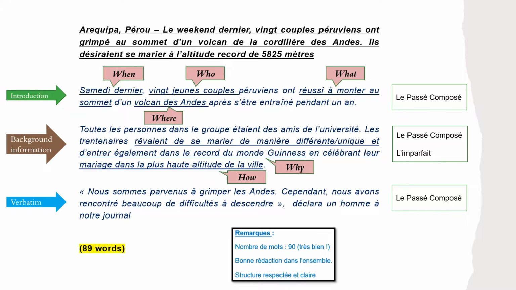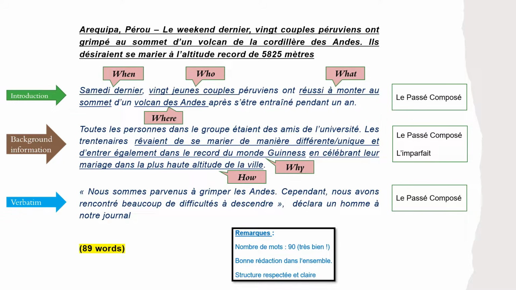Because all of them were friends from a university, and I'm saying Le Fontenac, basically I'm giving their age also, that they were in their 30s. They always dreamed of getting married in a different and unique way, and they also wanted to enter the world's Guinness record while celebrating their marriage at the highest altitude of the city. So this is the background information that I've given.